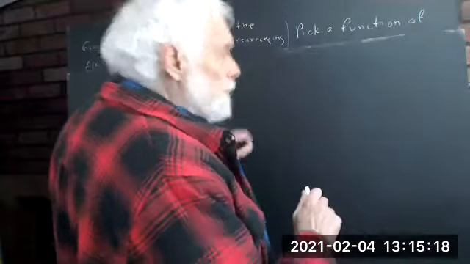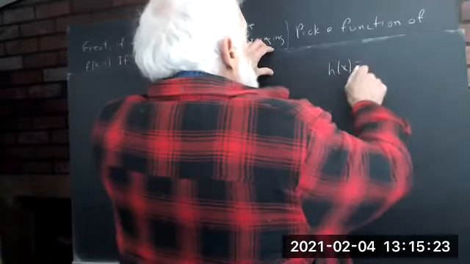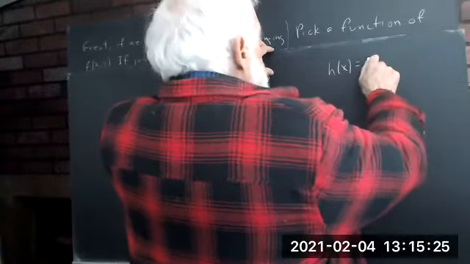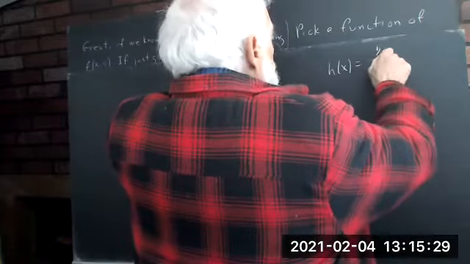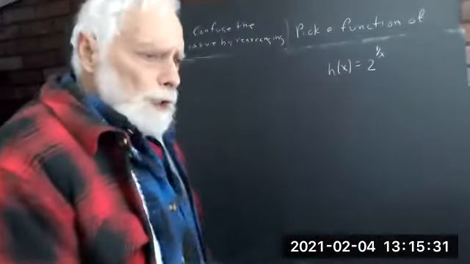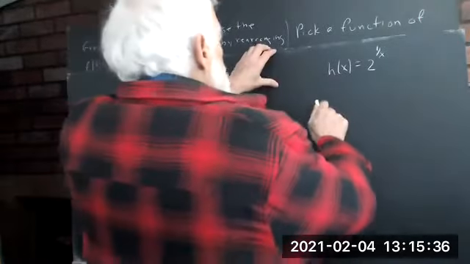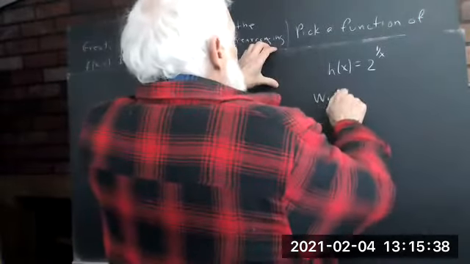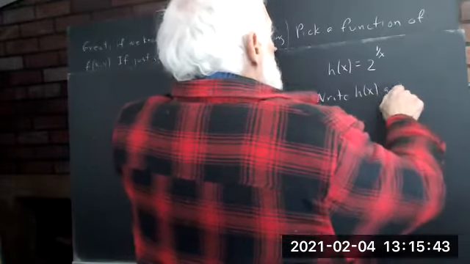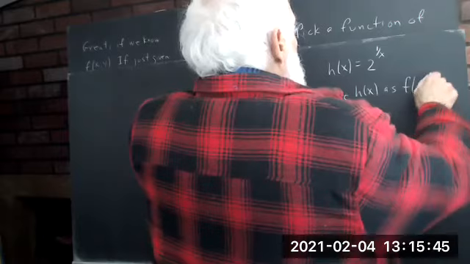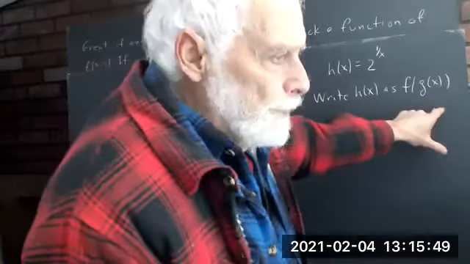So what we want to say is, okay, suppose h of x is 2 raised to the 1 over x power. We want to write h of x as f of g of x.